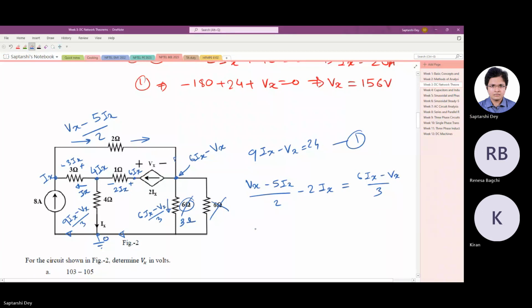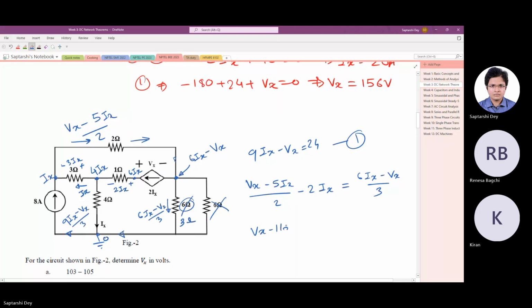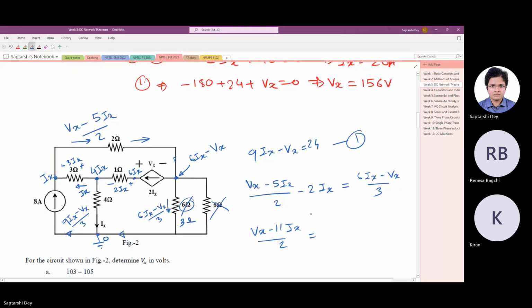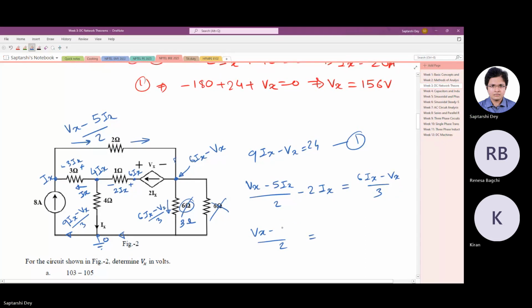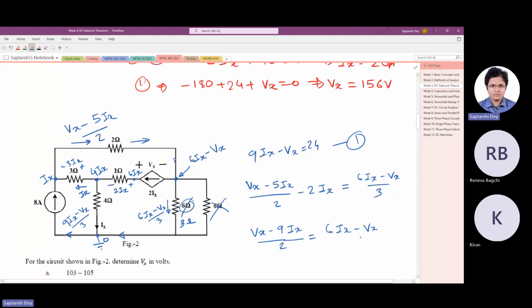So minus Vx minus 11Ix by 2. Hey, how is it 11Ix? 4, 9. 9Ix by 2 equals 6Ix minus Vx by 3.